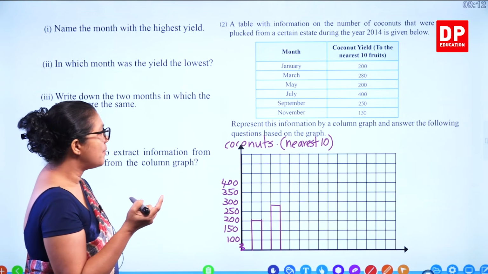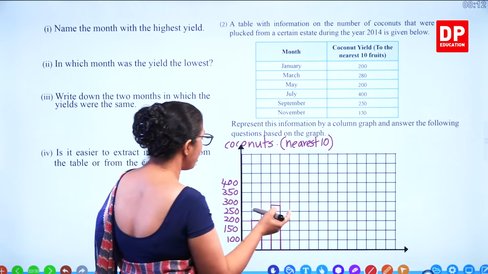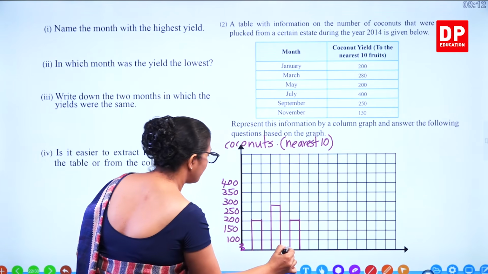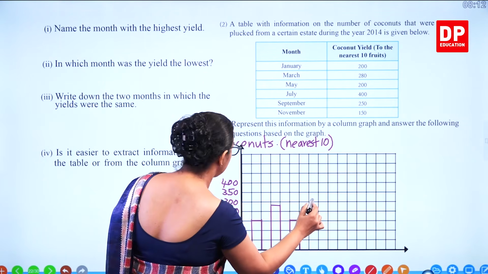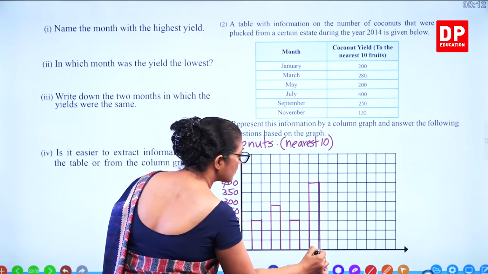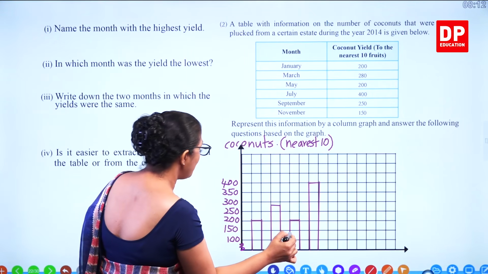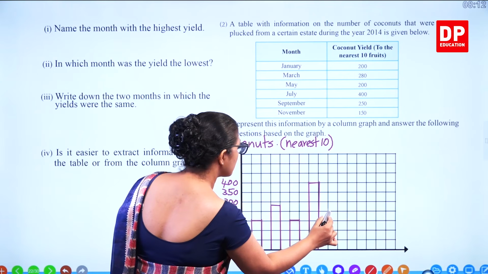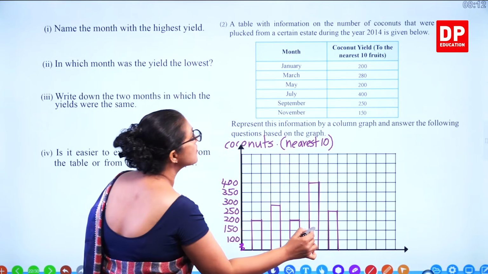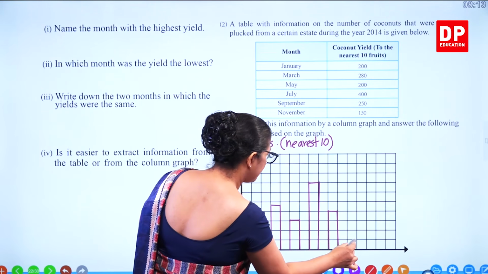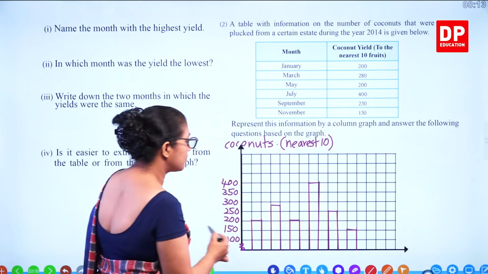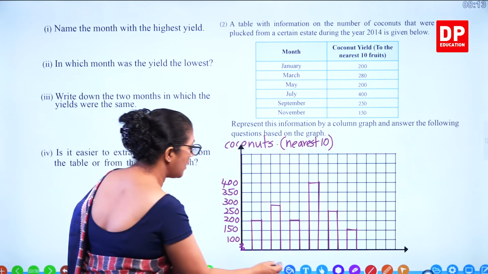So you can select a better scale. 200. 400. 250. 150. Now we'll color those.